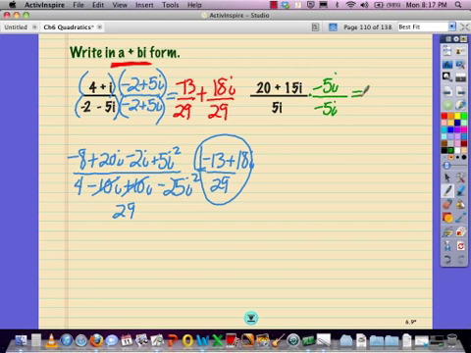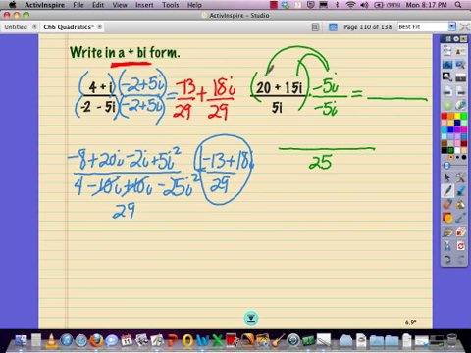This one's going to be a little nicer because there's not so much multiplying to do. But here we go. We want to make sure the denominator comes out to be a whole number, a real number first. So 5i times negative 5i is negative 25i squared, better known as 25. Up on top, we have a complex number, 20 plus 15i, times that negative 5i. So that's sort of like a monomial times a binomial, so we have to distribute.